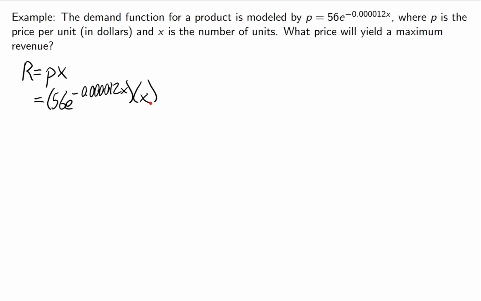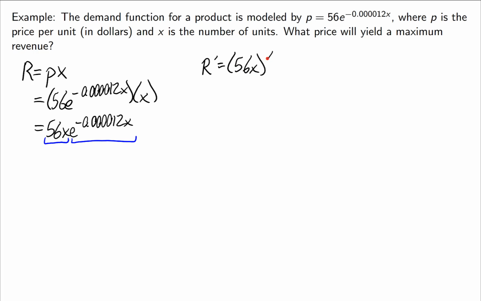So let's simplify this thing. Let's use this as my first, and this as my second. And so then R' would be the derivative of the first times the second plus the derivative of the second times the first.